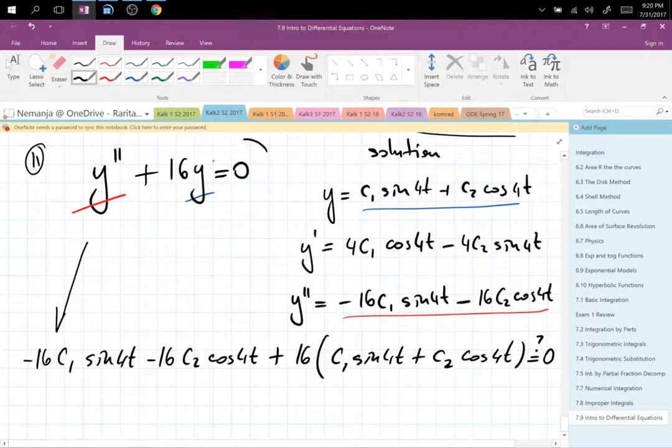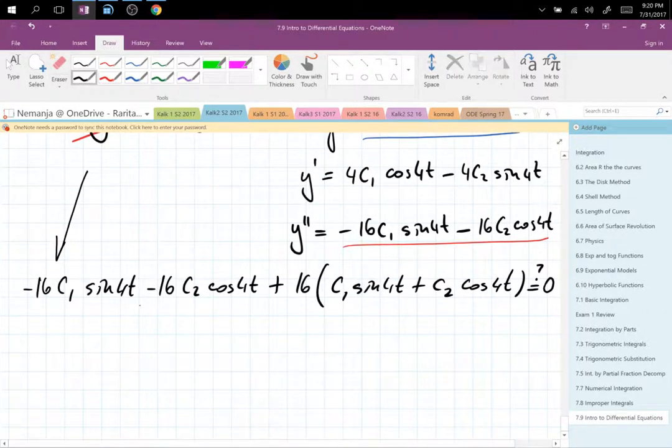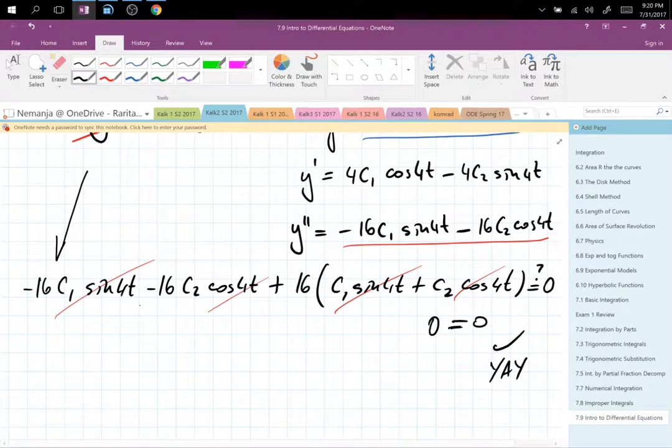Because it's supposed to equal 0. Well, you see negative 16c1, positive 16c1, so they all cancel, and we get 0 equals 0. When they're multiplying, the 16s don't get absorbed by the c's? You can. It's just going to be c1, c2, c1, c2.